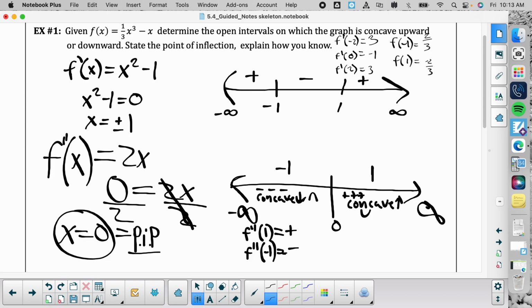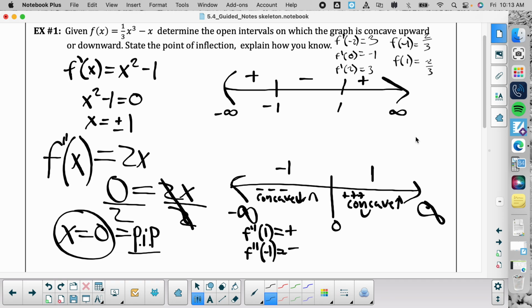Second derivative, when it's equal to zero, they have a name, just like critical numbers had a name. Isn't it the point? Name of it. Inflection point? Possible inflection point. Now, we called it a possible inflection point because we have to figure out if it actually is or not.